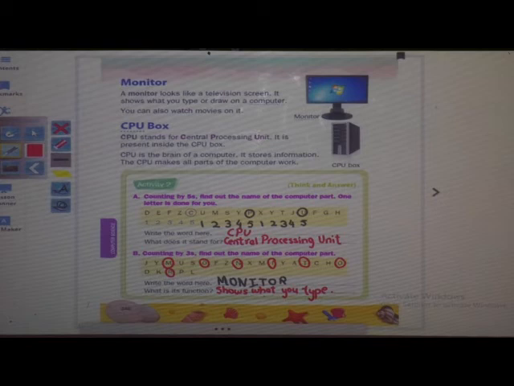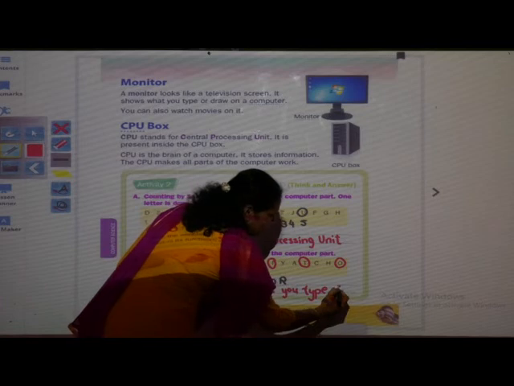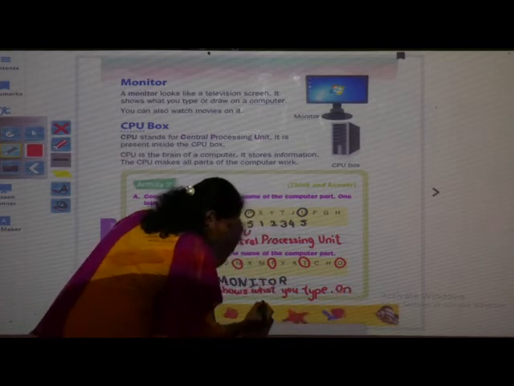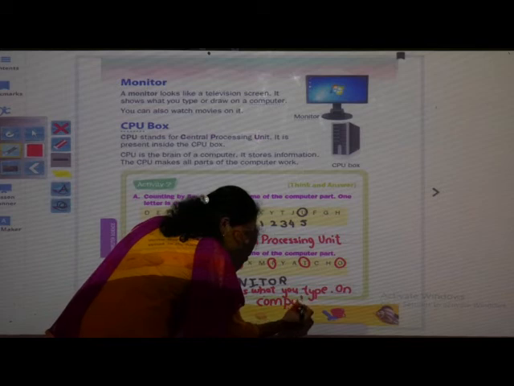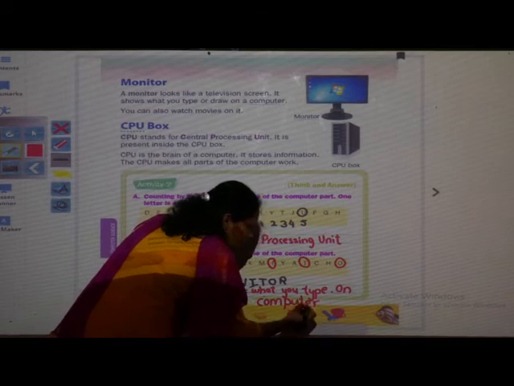As the space will not be sufficient for you, I have written only "shows what you type or draw on computer." So, you can write here "on computer," COMPUTER, computer.